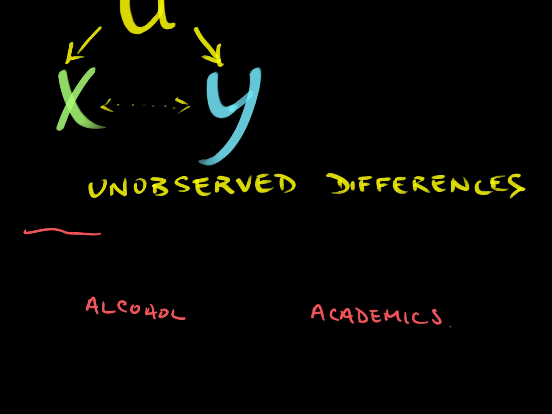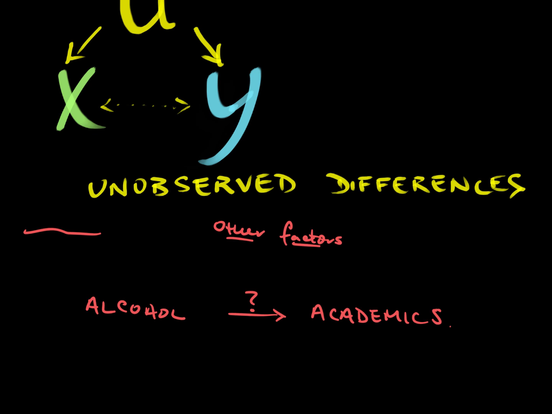We're interested in studying that relationship, like how does drinking alcohol impact your academic performance? We will have problems estimating that if there are other factors associated with alcohol consumption that have their own impact on academics.